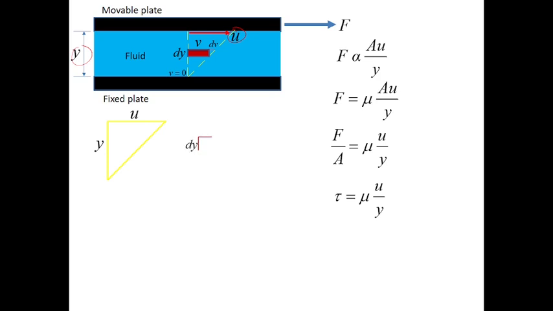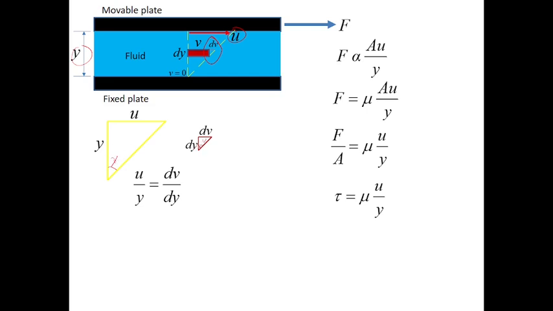So, meron ka ring para dito, dv, dy, ito dy, no? Ayan, meron kang dv and dy. So, by similar triangles, no? So, since meron silang parehong angle, pareho yung kanilang angle.